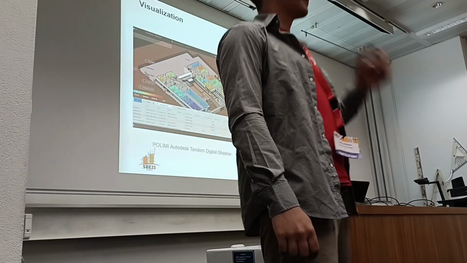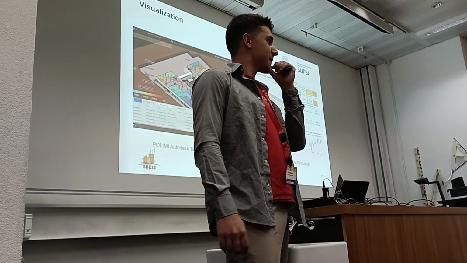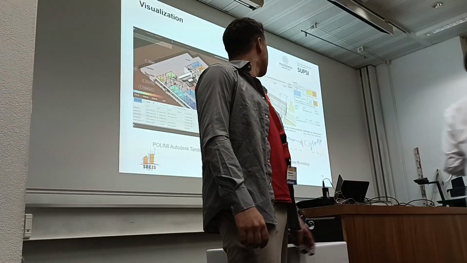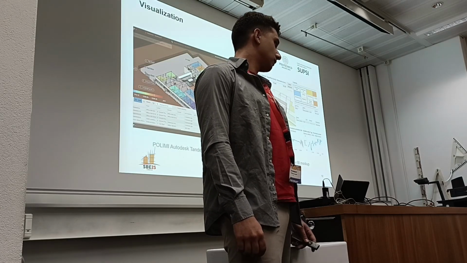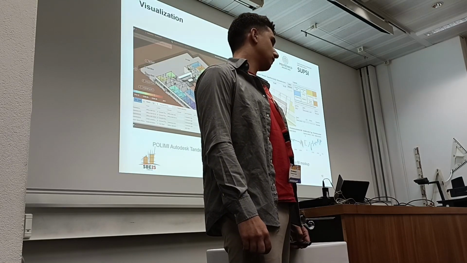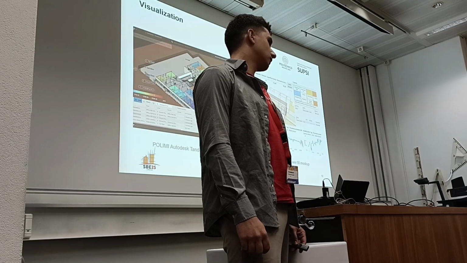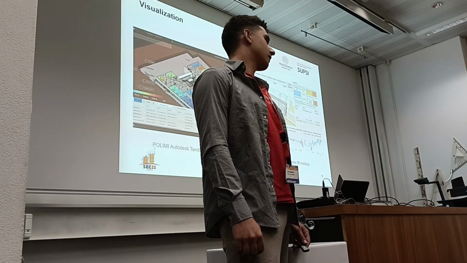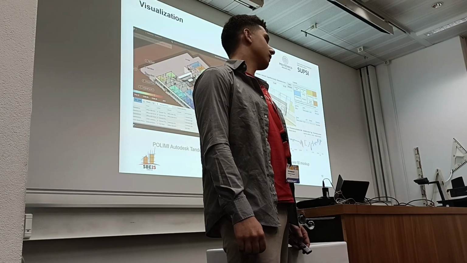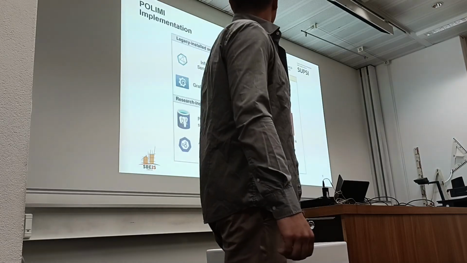Other questions? We have one coming here. Thank you very much for your presentation. As far as I understand, the definition of a digital twin is that the physical part influences the digital part, and based on that, the digital part automatically takes action.